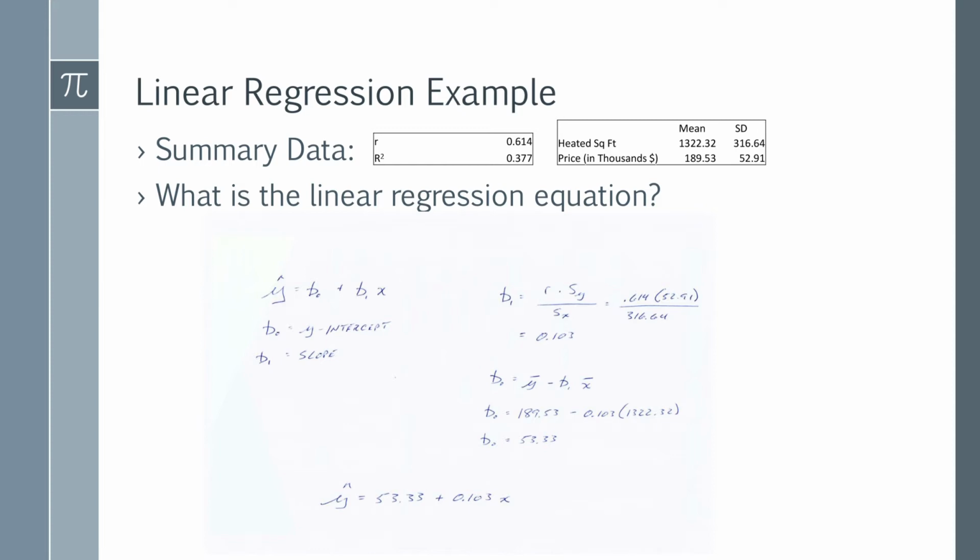I solve for my y-intercept, and I get 53.33. Now I can take those numbers and fill them into my generic equation, which gives me y hat equals 53.33 plus 0.103 times x. So now I have my linear regression equation.